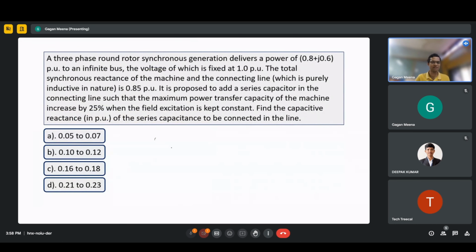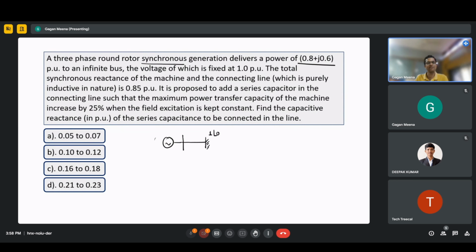This is the third question. A three-phase round rotor synchronous generator delivers a power of 0.8 plus j0.6 per unit to an infinite bus. It is like this. We have an infinite bus.